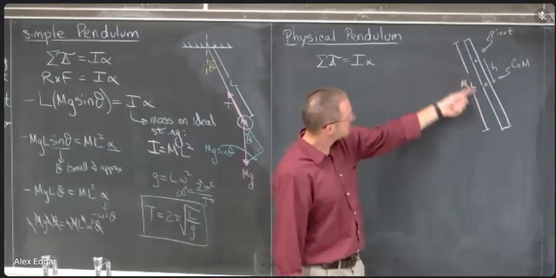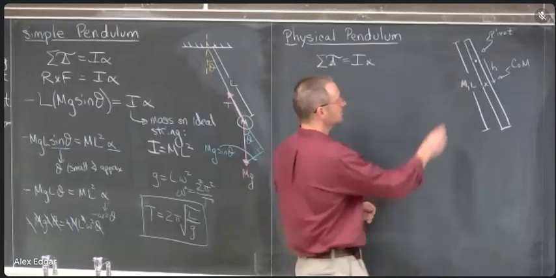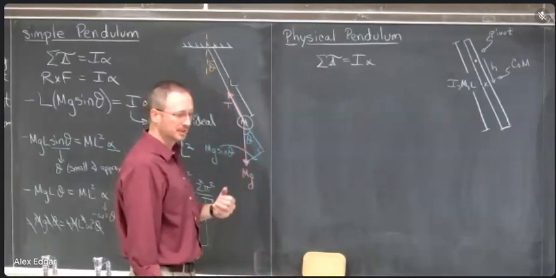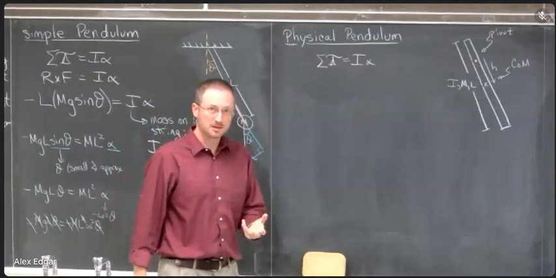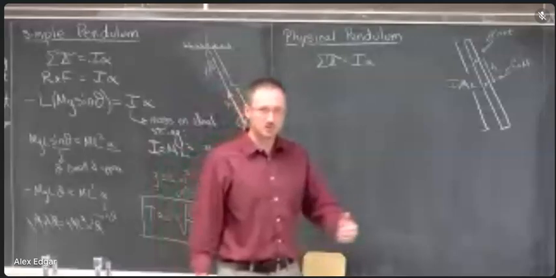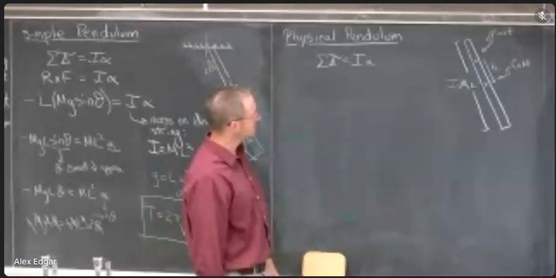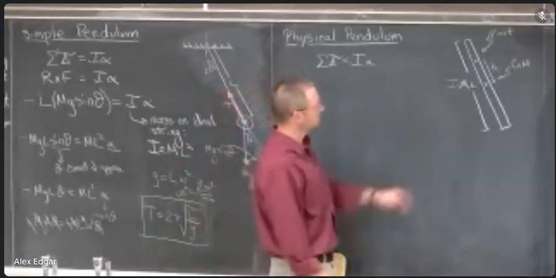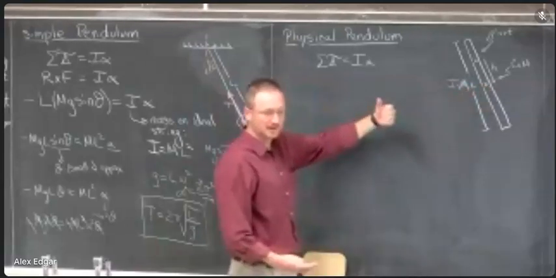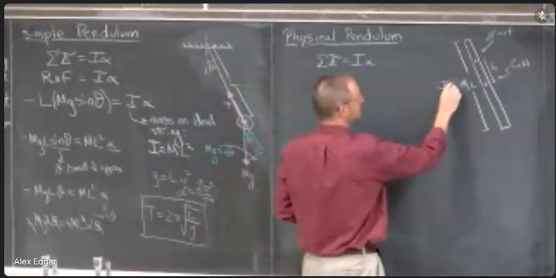And this object will have mass m and length L, and it will also have rotational inertia I. Sometimes you will be told the object's shape, and then you will find the rotational inertia, and sometimes you will simply be told it has a rotational inertia I. In this case, let's pretend that we know the rotational inertia around the center of mass, and we'll call that I center of mass.